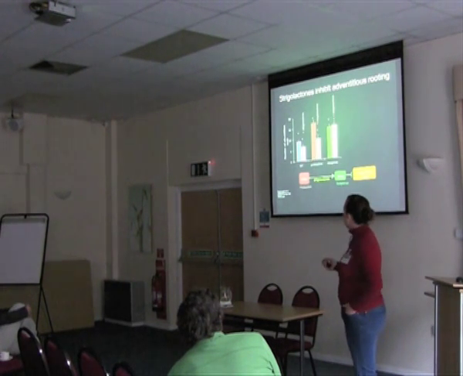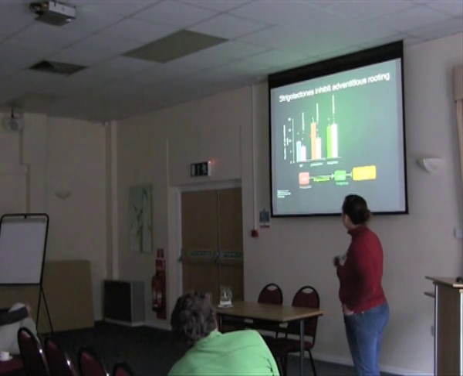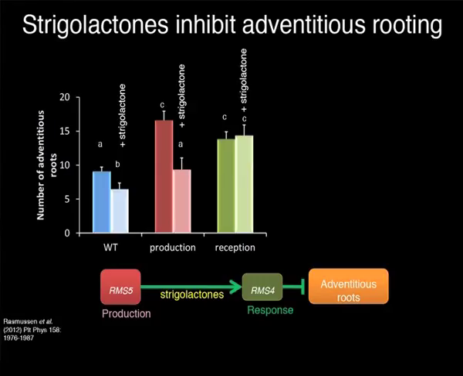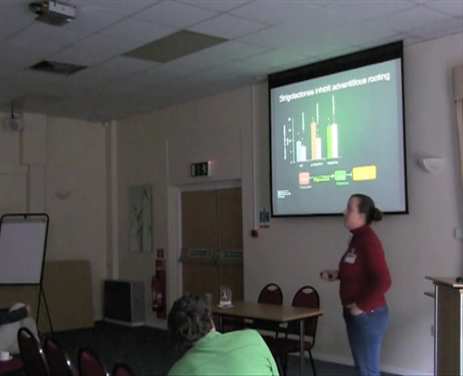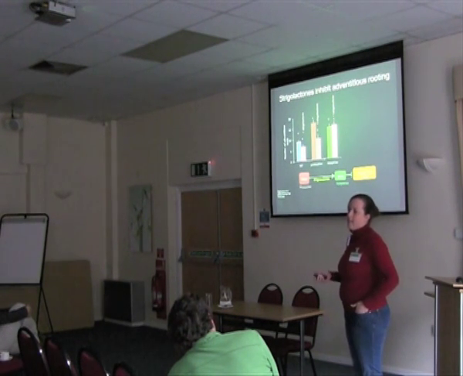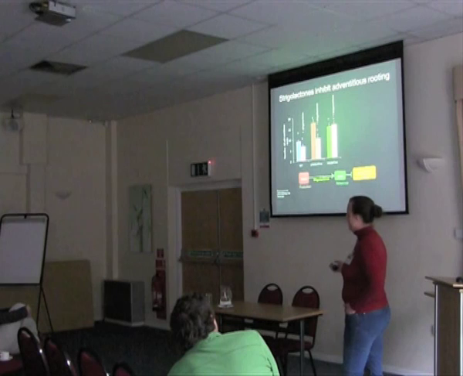Just to prove this, we add strigolactones. So if you add strigolactones here and here and here, what you get is less adventitious roots in the wild type. You get wild type level of adventitious roots in the mutant that can't produce strigolactones but can still respond to them. And you get no change in the mutant that can't detect strigolactones, which is exactly what we expected.